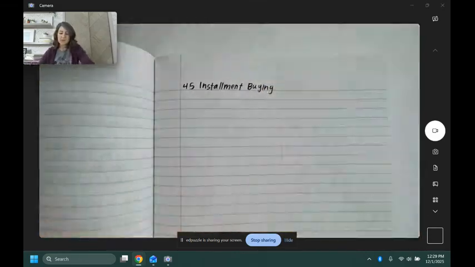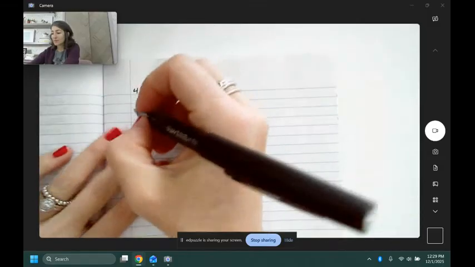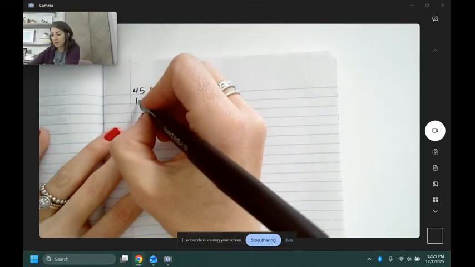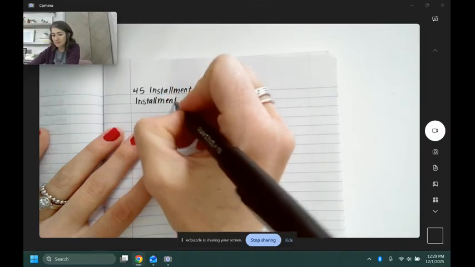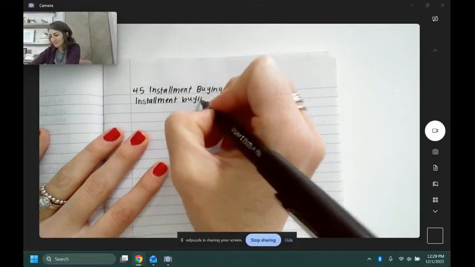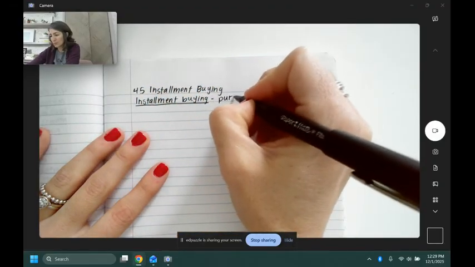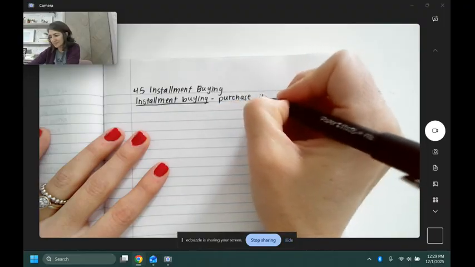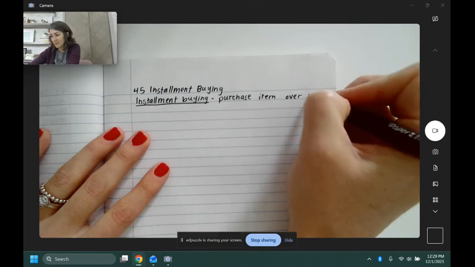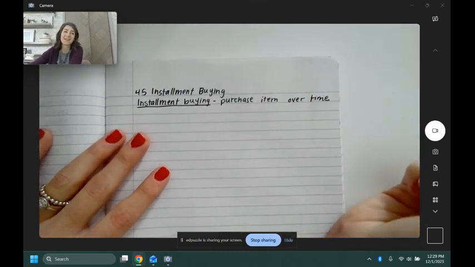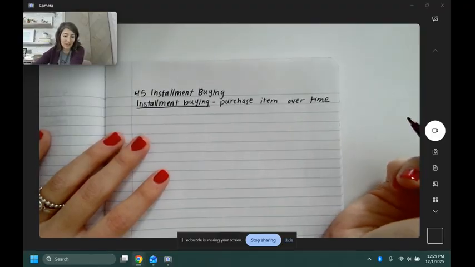All right, so installment buying is when you purchase an item over time. People use this for new appliances, a new car, a new boat, a new couch, basically things that you might not necessarily have the money for in the moment, but you can break it into smaller payments.